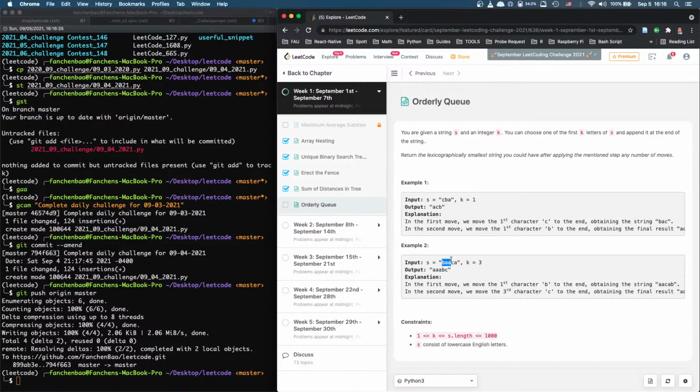So that is a must. Now the question is, there are many ways to do that, right? There are infinite ways to put the K smallest letters to the front. Now the question is, will these different steps result in different remaining order, right? Different remaining order.